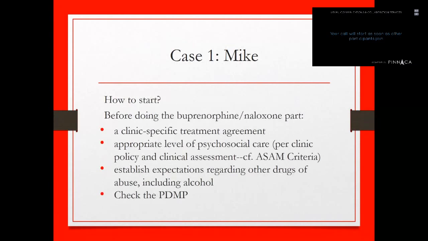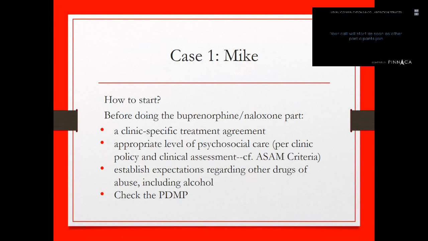So before we start Mike on his Suboxone, as we at Max would advise you to do, we'd come up with a clinic-specific treatment agreement. So basically an agreement about how the patient is going to receive his medication. We're going to make sure that he's appropriate for treatment in our office. So basically that would be for the clinic policy and for the clinical assessment. So something like the ASAM criteria.